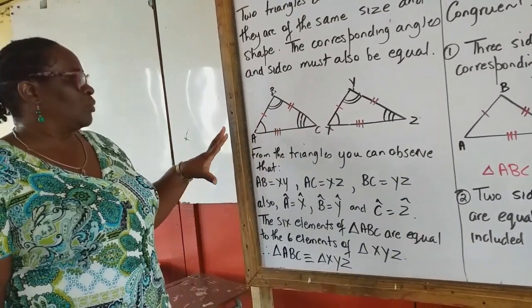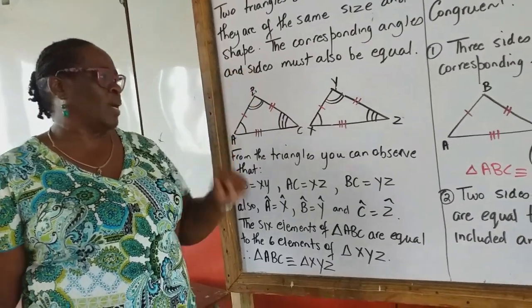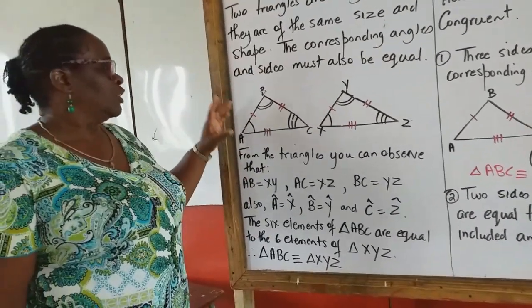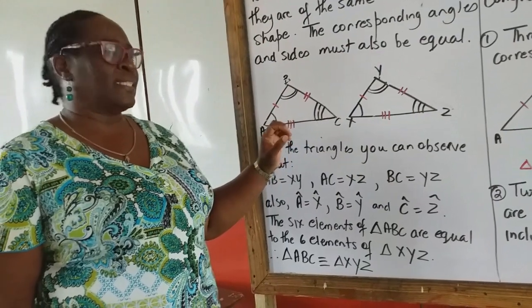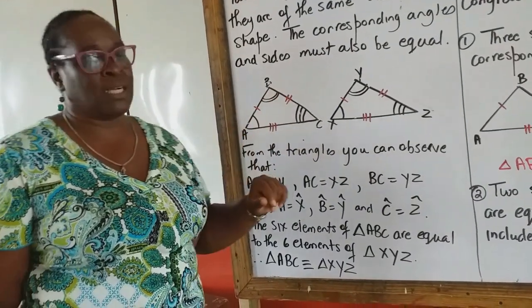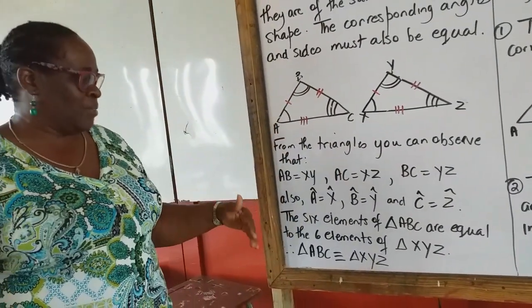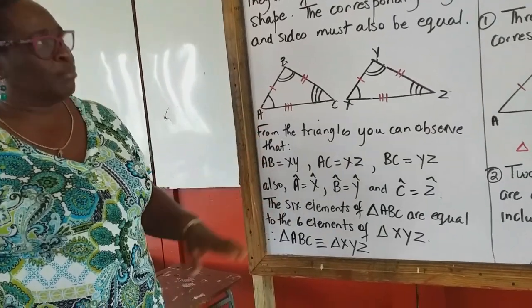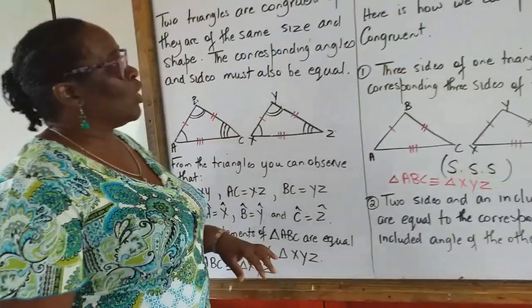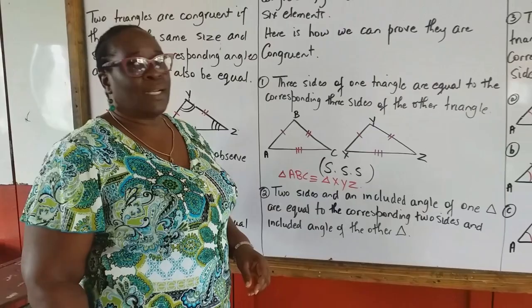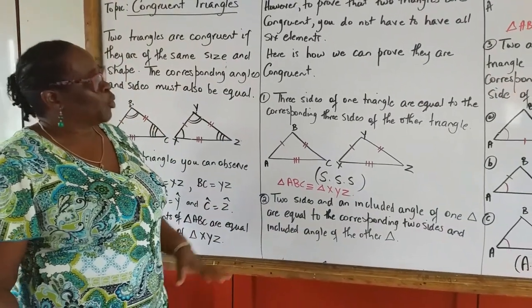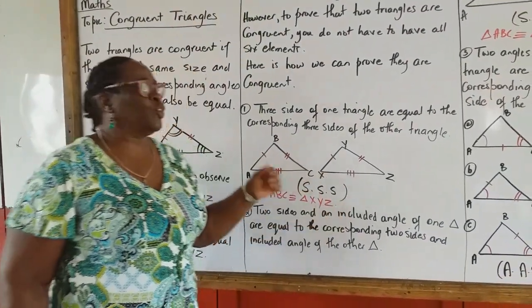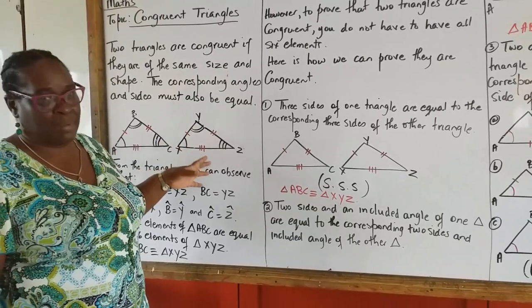So we looked at triangle ABC, triangle XYZ. So we have the 3 corresponding sides are equal and the 3 corresponding angles are equal. That makes up the 6 elements, and we already have them on the board. Then we also said that to prove that two triangles are congruent, we don't have to use all 6 elements.